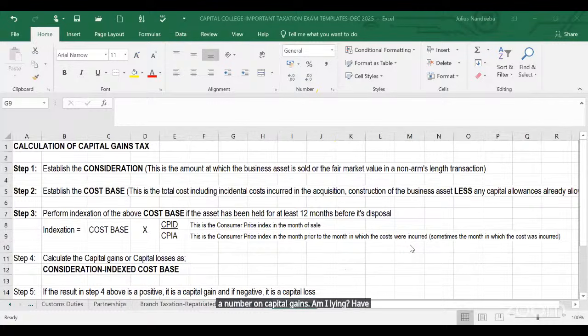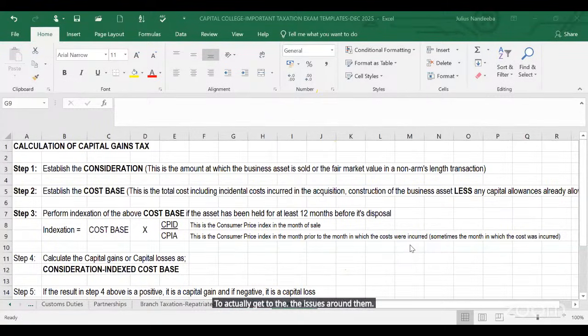Have you checked your past papers? You will see capital gains coming through more often. Now, it is one of the areas that you can actually easily pass if you appreciate the principles under computation of capital gains. Because usually it is shorter and it is easy to actually get the issues around them.